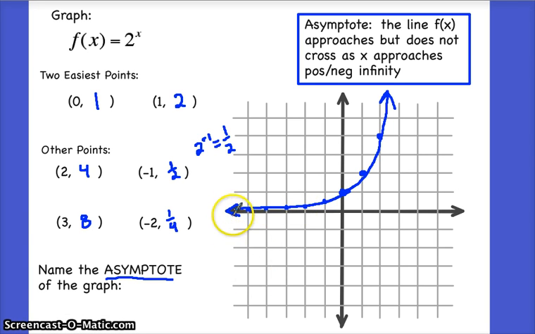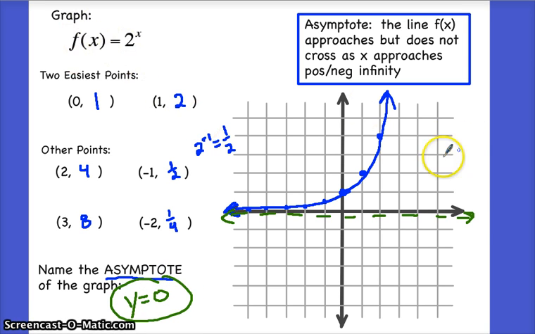It's also never going to turn it into 0. So what we end up with is a horizontal asymptote, a line we're going to get infinitely close to, but never quite touch, at y equals 0. And that's where your basic horizontal asymptote is going to be for, again, a basic exponential function.